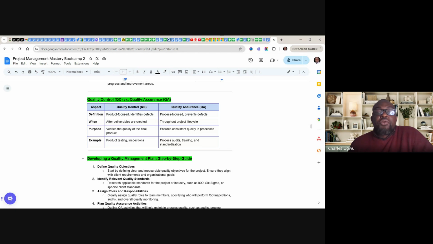After creating a product, you are mainly looking for defects and errors in the software. We do it a lot. Then let's look at quality assurance. It is process focused. It prevents defects within a process. So the difference is one is process based and the other is product based. Simple.